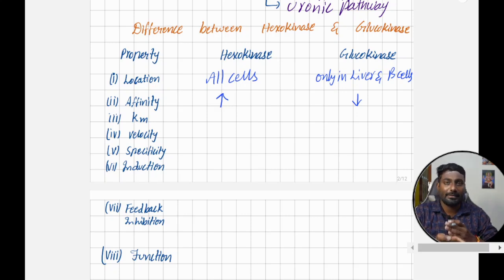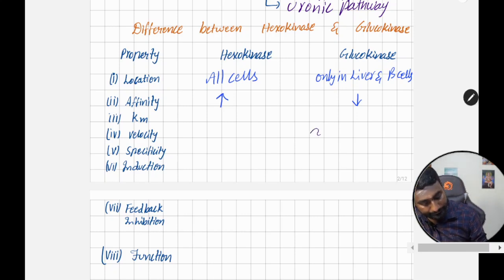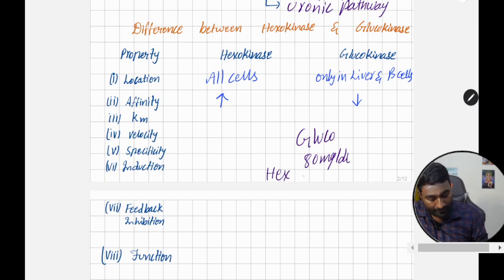Okay, let's take an example. Suppose there is glucose of 80 milligram per deciliter. Now hexokinase will act on it and will convert it into glucose 6 phosphate, whereas glucokinase cannot act on this. It requires a sufficiently higher concentration.